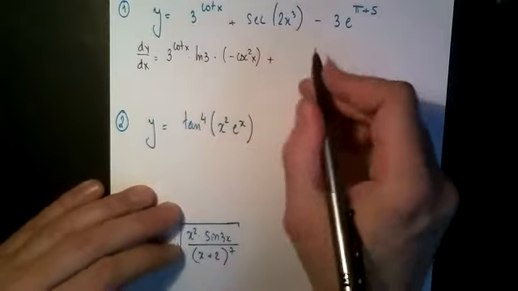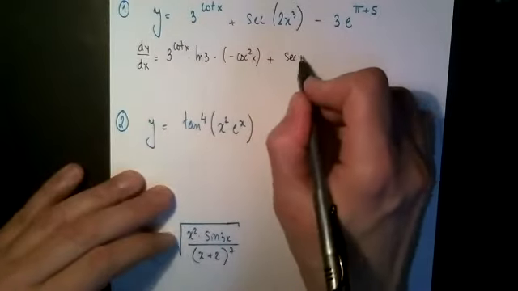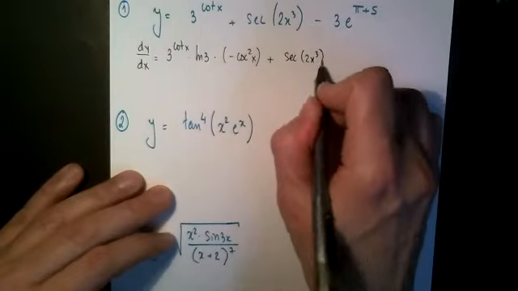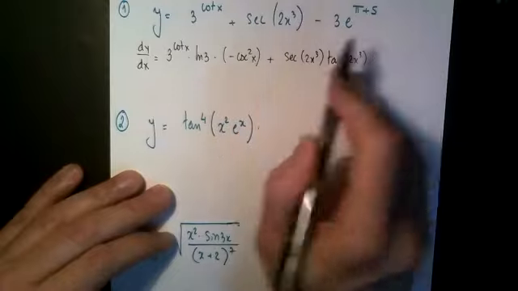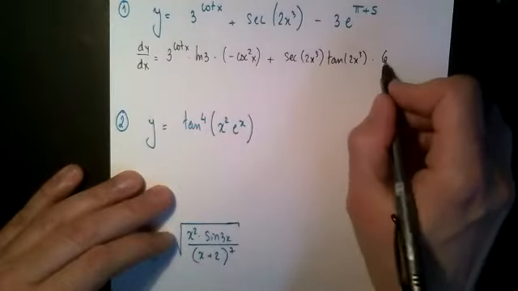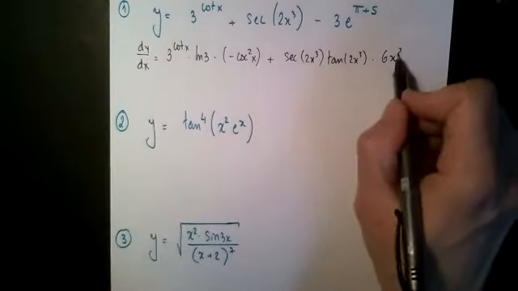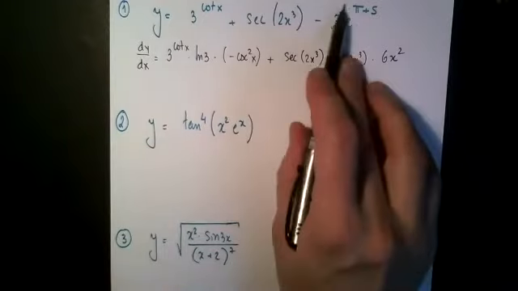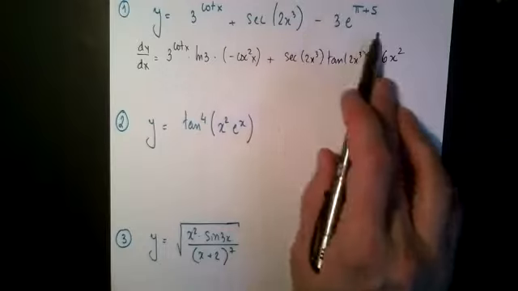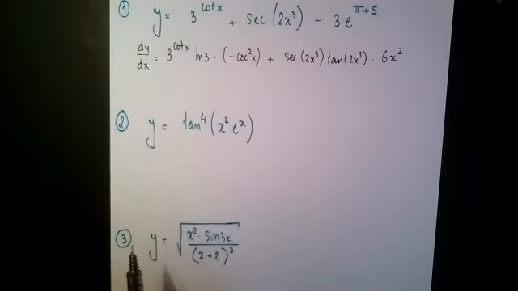Second term, the derivative of secant is secant times tangent, so secant of 2x cubed times tangent of 2x cubed times the derivative of 2x cubed, which is 6x squared. That's it. And of course, the derivative of this is a constant, so this becomes 0. Questions? Good.